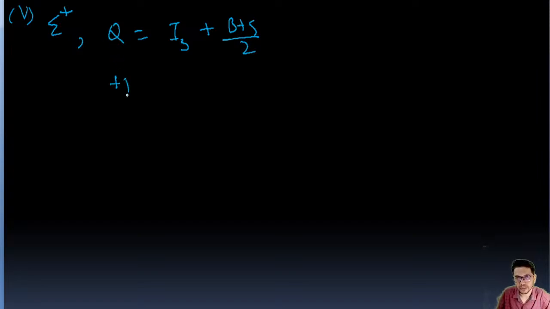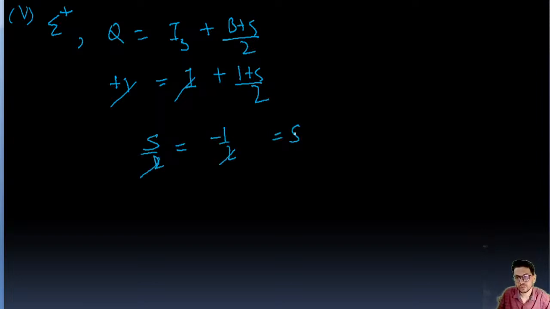Charge is 1, I3 for this one is 1. 1 equals 1 plus B, this is baryon, so 1, plus S by 2. The 1 will get cancelled, so S by 2 is going to be minus half. So S is going to be minus 1.